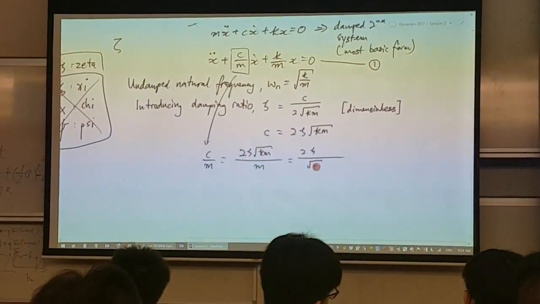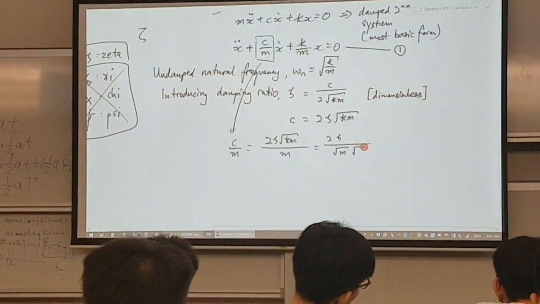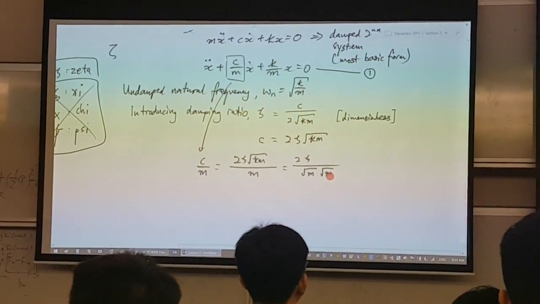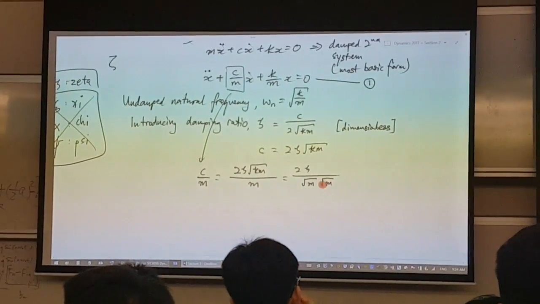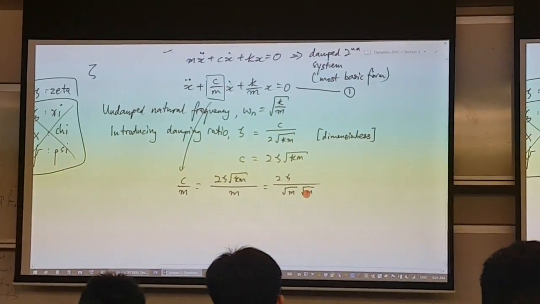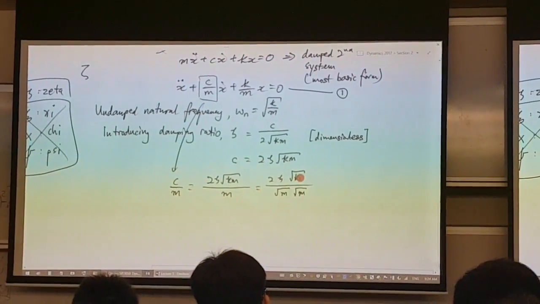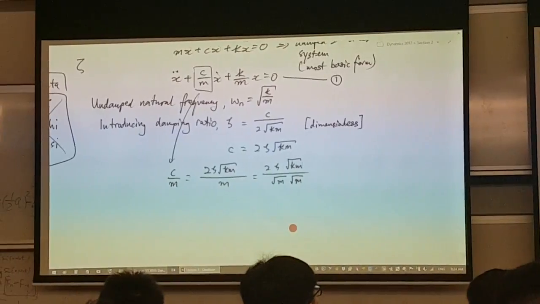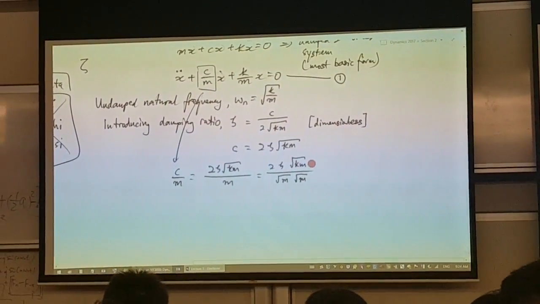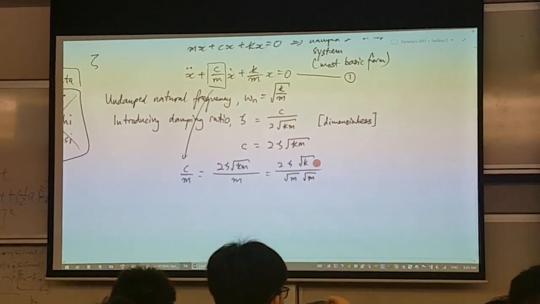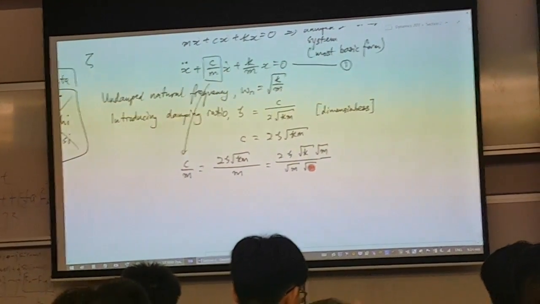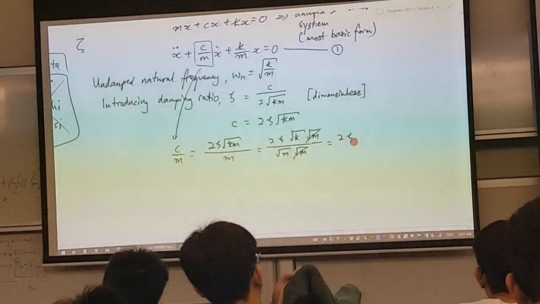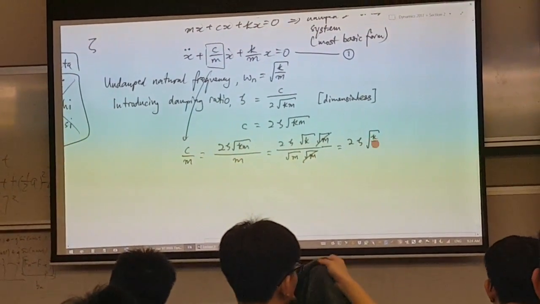M is the same as square root of M multiplied by square root of M. So I break it down that way, and this will be square root of km. Why do I do that? Because square root of km is the same as square root of k times square root of m, so I can cancel. This becomes 2 zeta square root k over m.